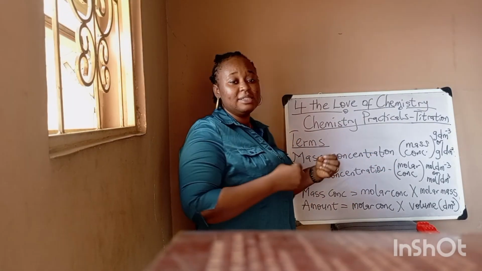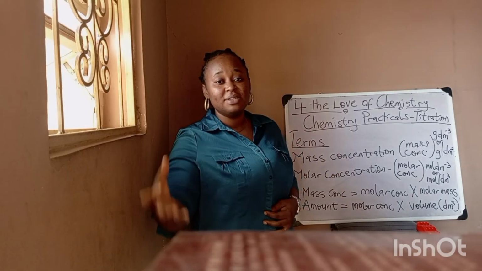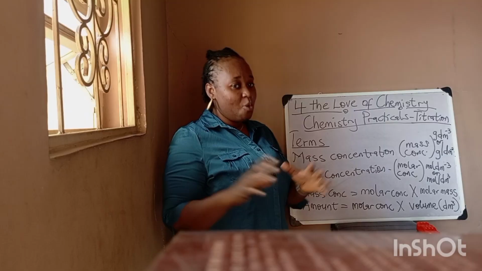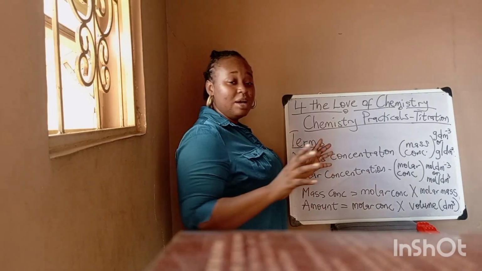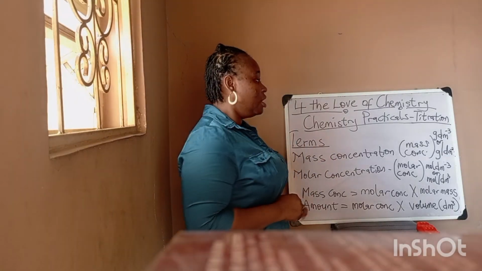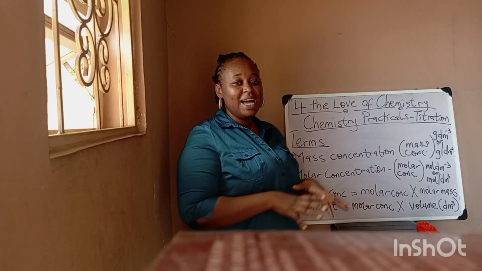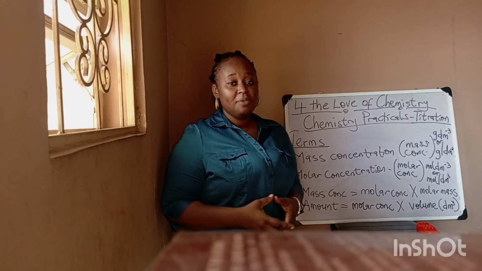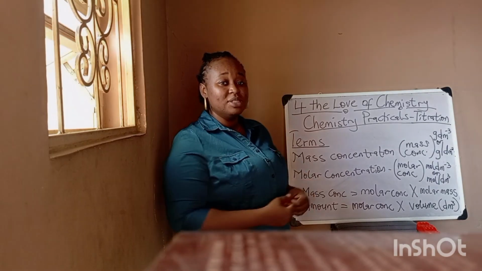So if that amount is dissolved in 1000 cm cube, that is the amount in 1 dm cube. Don't worry, I'll explain this better, but I'm just giving a form of introduction. So with that, you know that 2 grams is actually 2 grams per dm cubed, because it is the mass concentration.